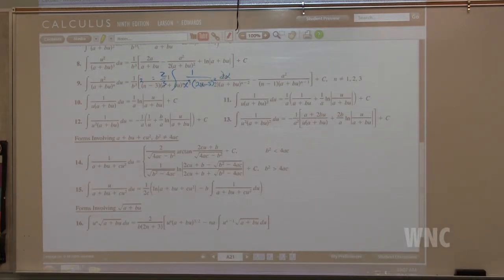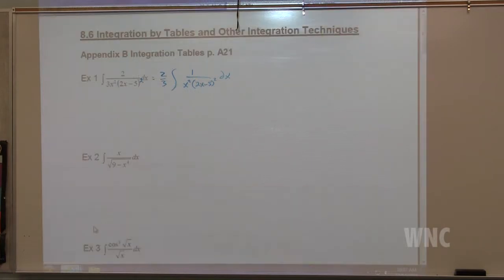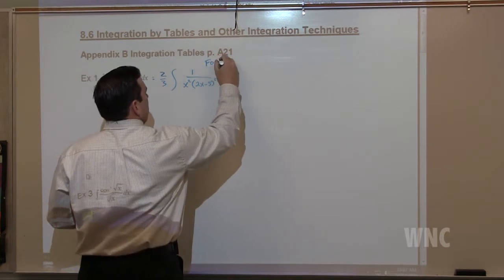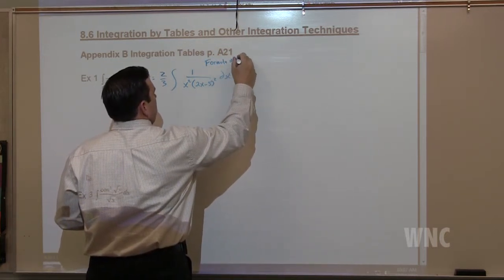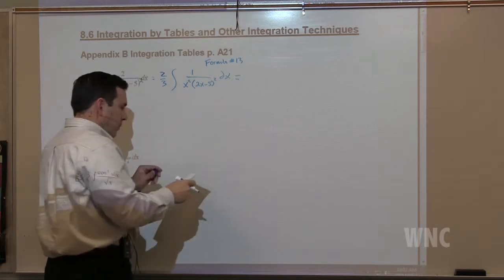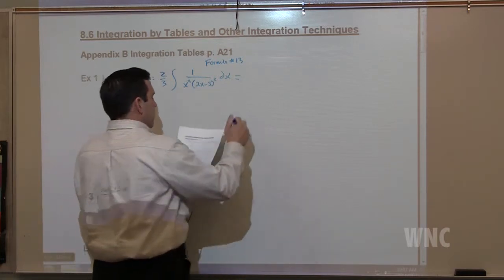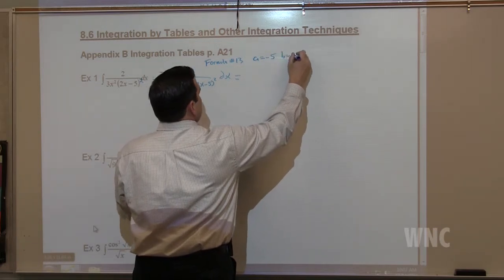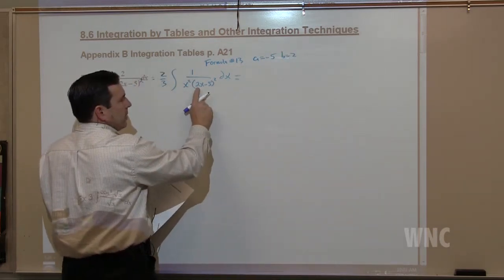Let's go back to what we're working on. I'm going to say formula number 13. And in this, by the way, a equals negative 5 and b equals 2.